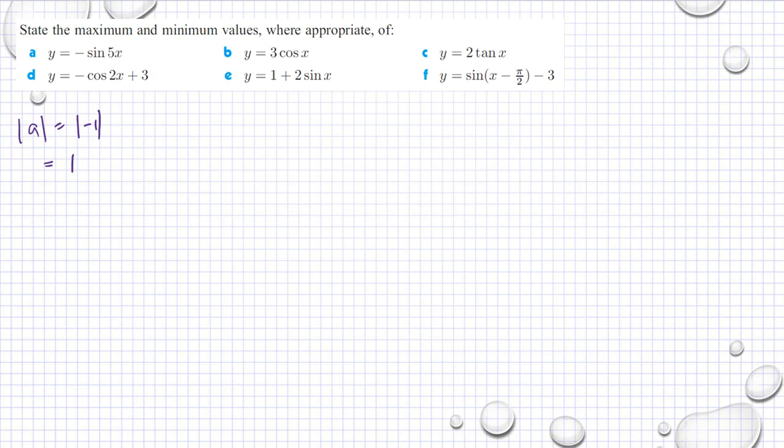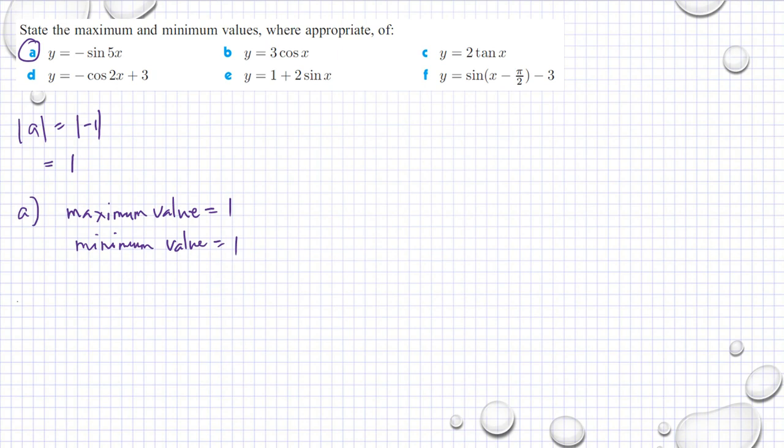So for A now, because it's the sine, our maximum value is equal to 1. Minimum value is also 1.